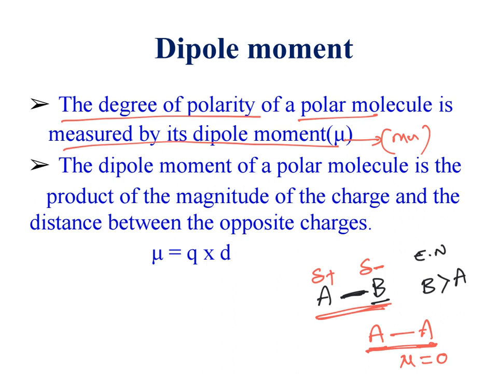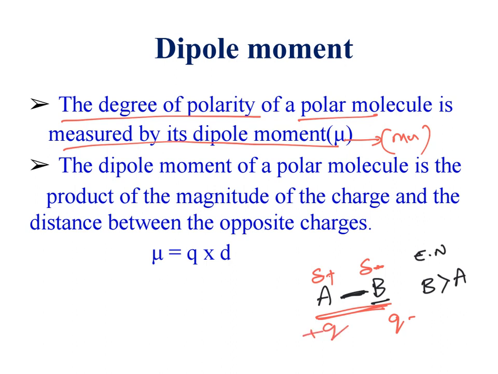And how can we take mathematical help to define the dipole moment? Let us assume we have a negative charge and a positive charge, and these are the negative pole and positive pole of the molecule, and that's why we call it a dipole.